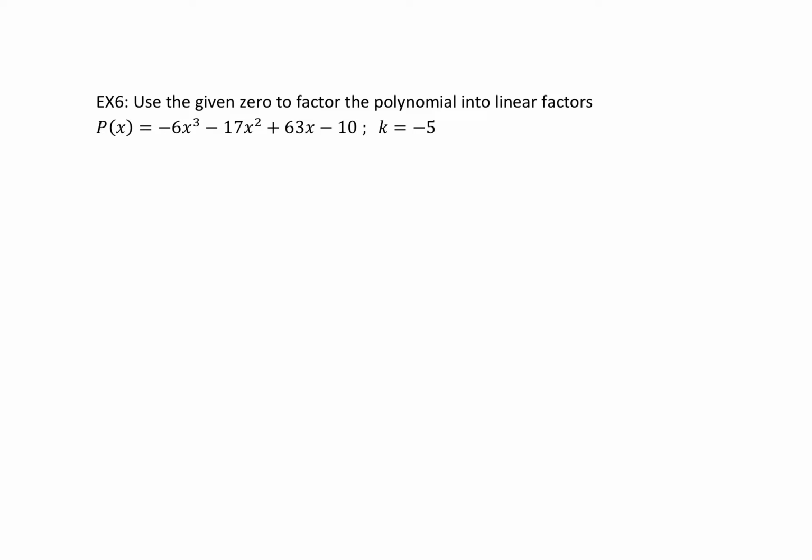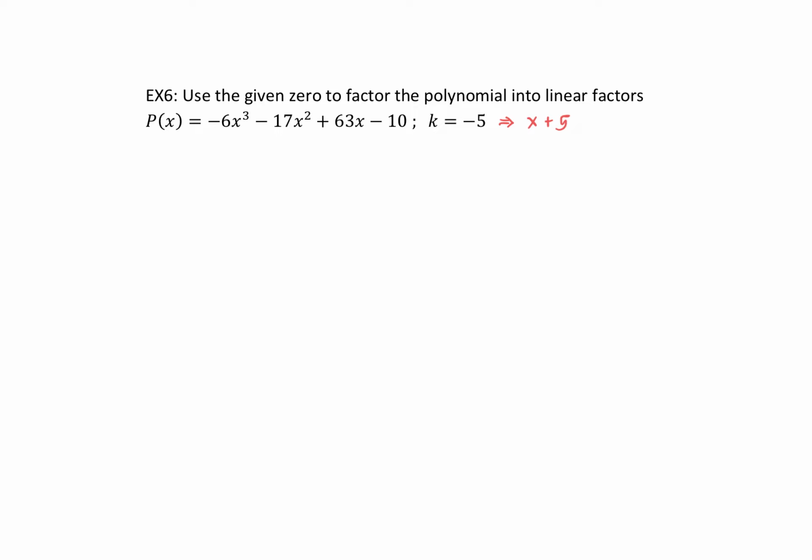So k equal to negative 5, that means that we're going to be dividing by x minus k, so minus a negative 5 would be a plus 5. So that would be a factor.